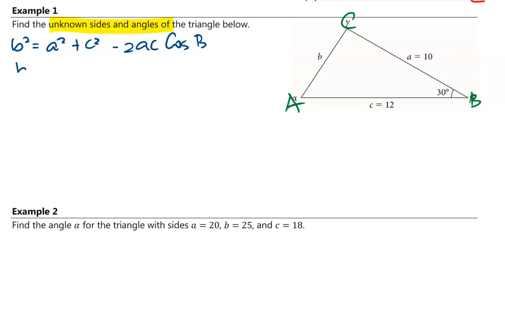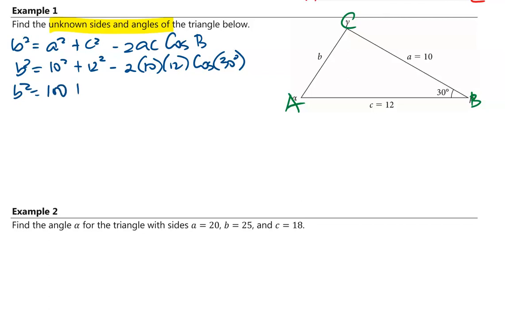So B squared is equal to A is 10 squared plus C is 12 squared minus 2 times 10 times 12 cosine of angle B, 30 degrees. So B squared is 100 plus 144 minus 2 times 10 times 12, which is 240, cosine of 30 degrees.